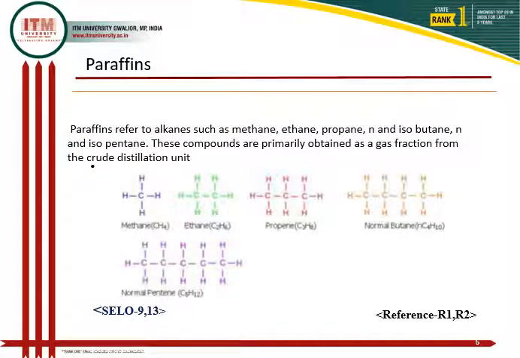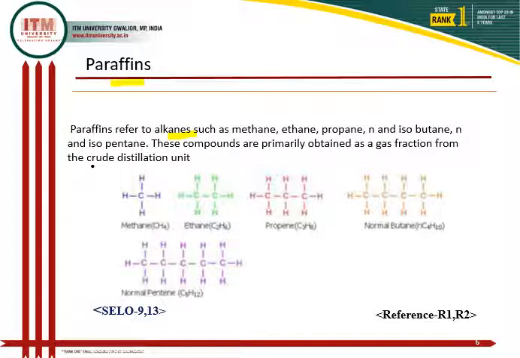So let's start. The first important category of hydrocarbon is the paraffins. Why are the saturated hydrocarbons called paraffins? Everybody knows the answer. Because they have little or slight affinity towards general reagents. That's why all the saturated hydrocarbons are called paraffins, and they refer to the alkanes.